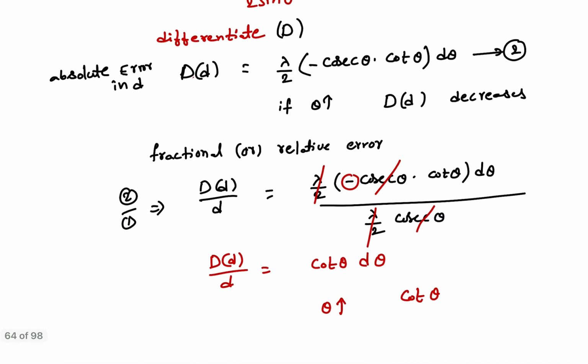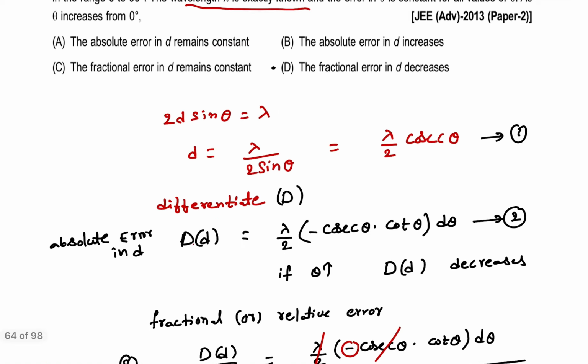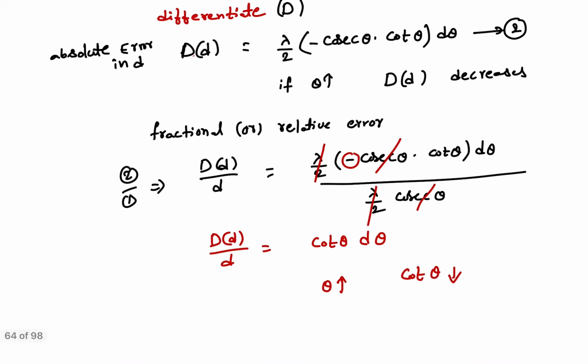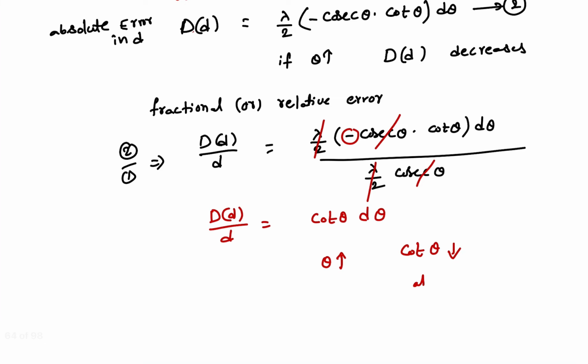Now you can see that as theta increases, at 0 degrees the cot theta value is infinity, not defined, and at 90 degrees its value is 0, so it decreases.